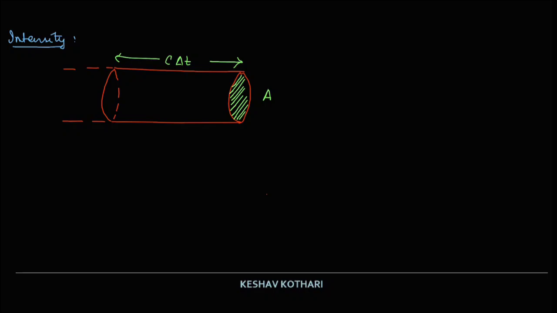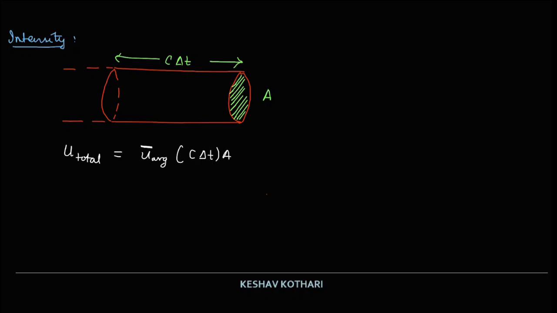So from the value of average energy density, the total energy passing is equal to the average energy density into the volume. The volume is going to be c delta t into A.